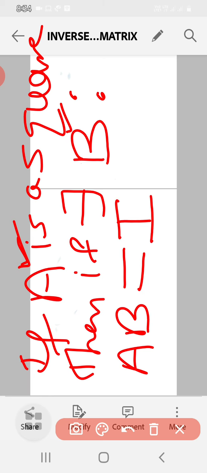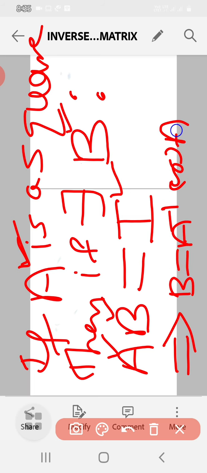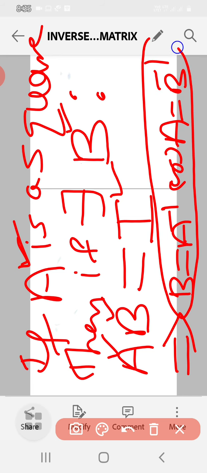This is what we discussed in our last class. Whenever we multiply two matrices, if the product is equal to the identity matrix, then one matrix is the inverse of the other. Then we say B is the inverse of A, or A is the inverse of B. This is very, very important and very easy.